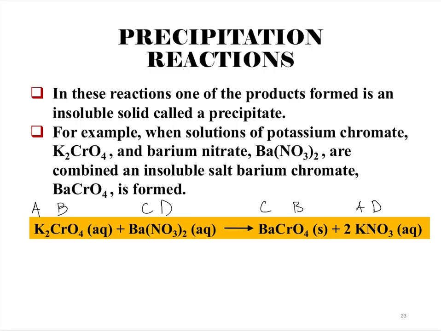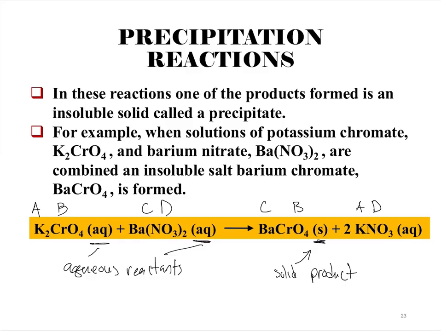We replace the ions. The reason that it's called a precipitation reaction is because we get a solid product here, where we started off with aqueous reactants, right? So we start off with something that's a solution.